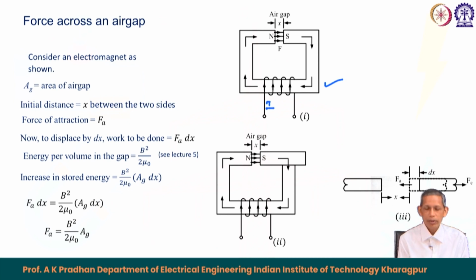As per the right hand thumb rule, the flux goes in this direction as shown, and therefore we consider the left side to be the north pole and the right side to be the south pole of the air gap. Let the air gap have an area of A g, and the gap between these two poles, north pole and south pole, will be x.